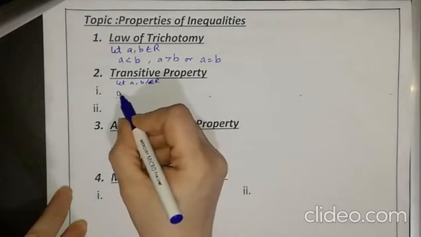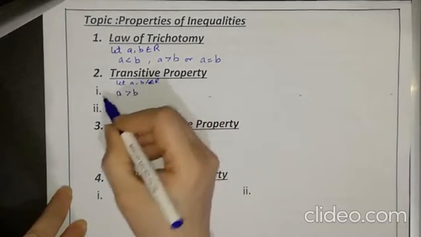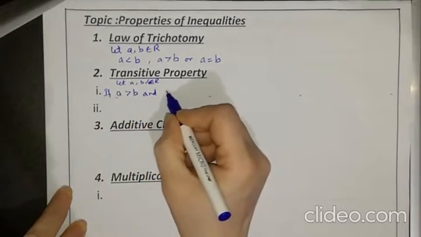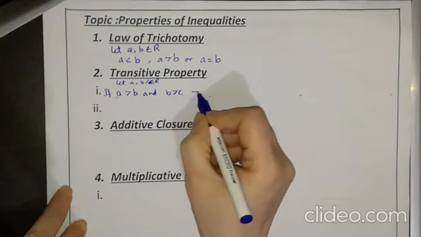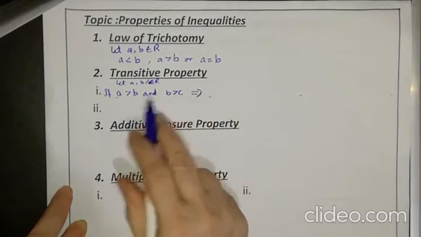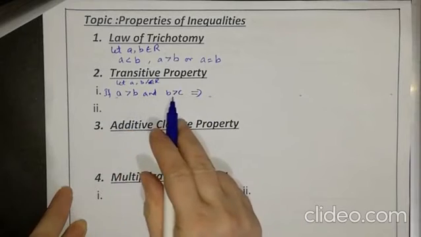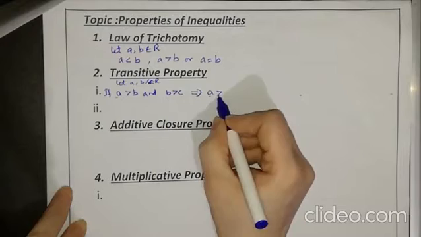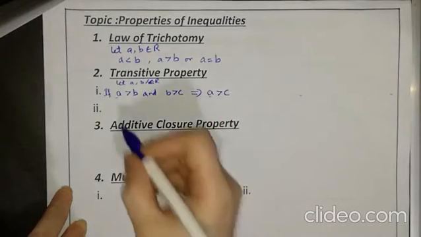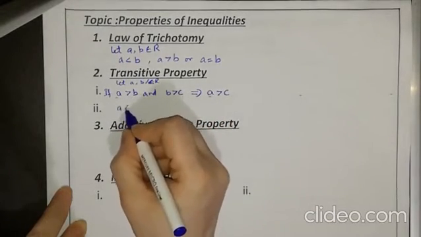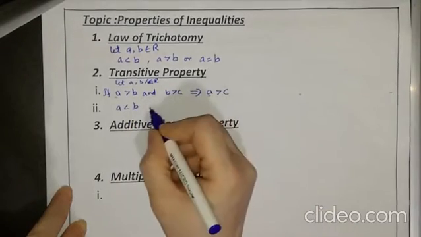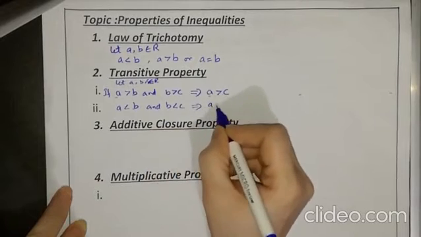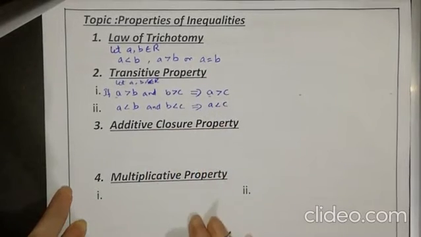If A is greater than B and B is greater than C, this implies that when you combine these two, you will get A is greater than C. The same property holds if you have A is less than B and B is less than C, this implies that A is less than C.